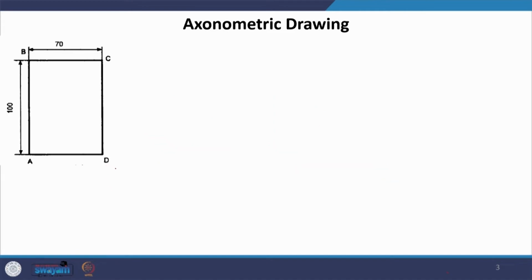If it is a rectangle, again we can simply see how we are making this rectangle. We are just making a simple rectangle. The angle remains 90, if it is parallel to HP.